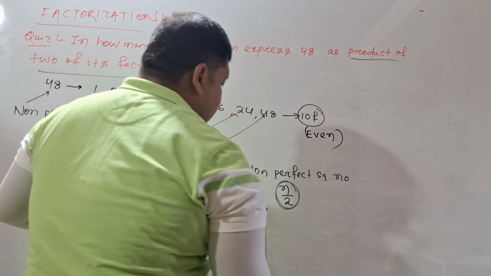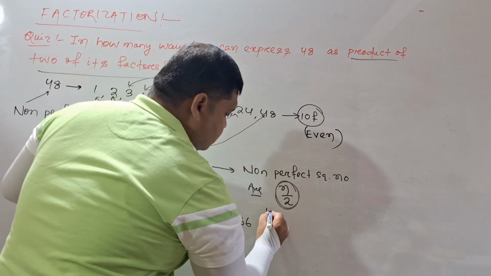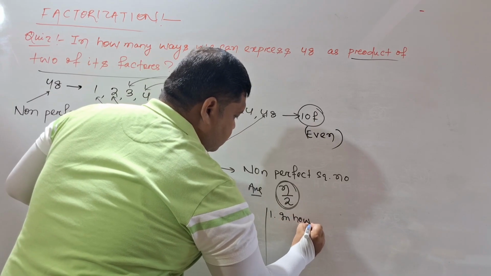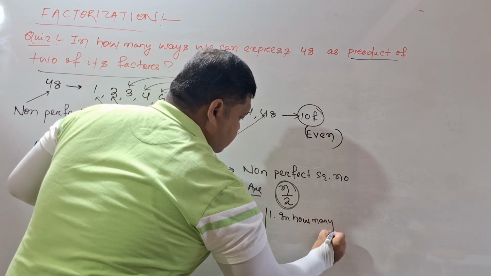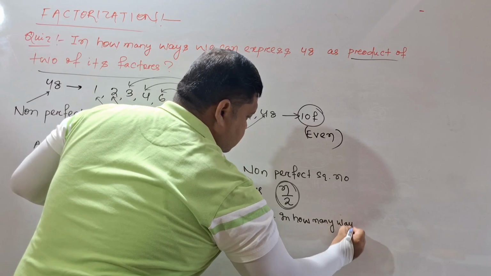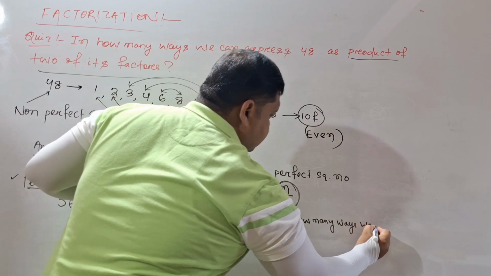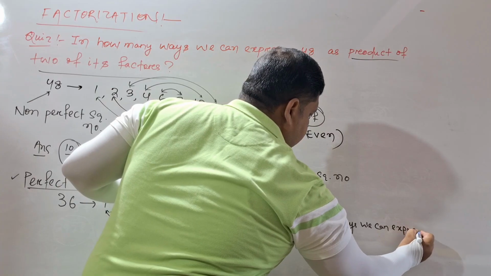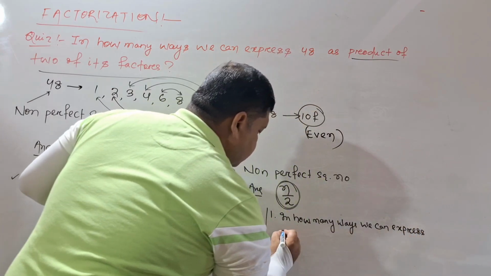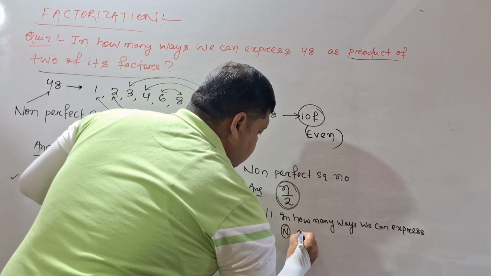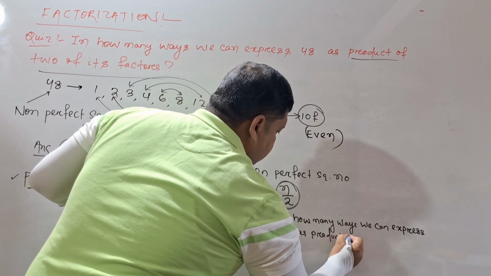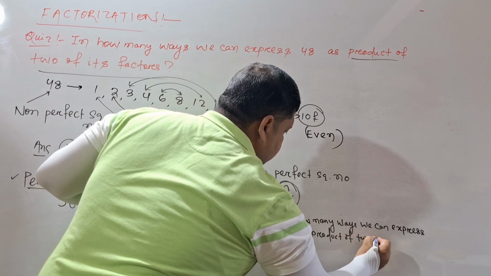The question can be asked in two ways. First, in how many ways can we express any number as a product of two of its factors?